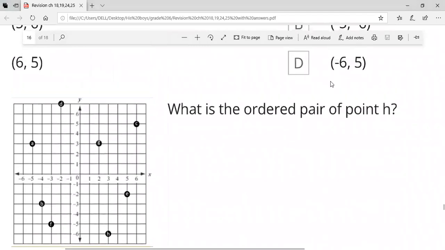Ordered pair of point H. Here is H, like this: 1, 2, 3, and down to negative 3 and negative 6.